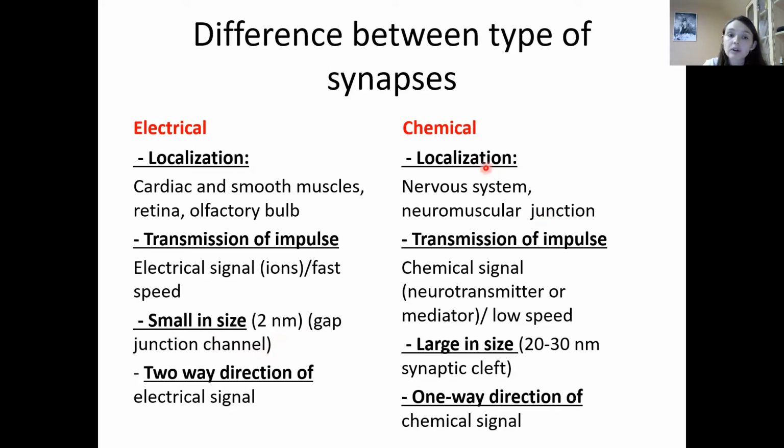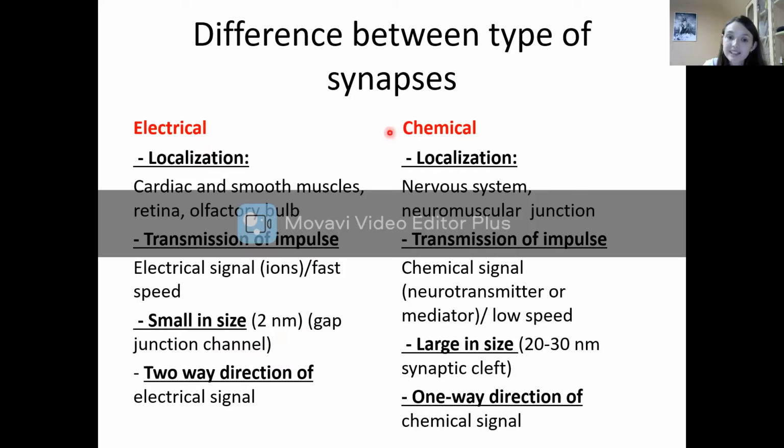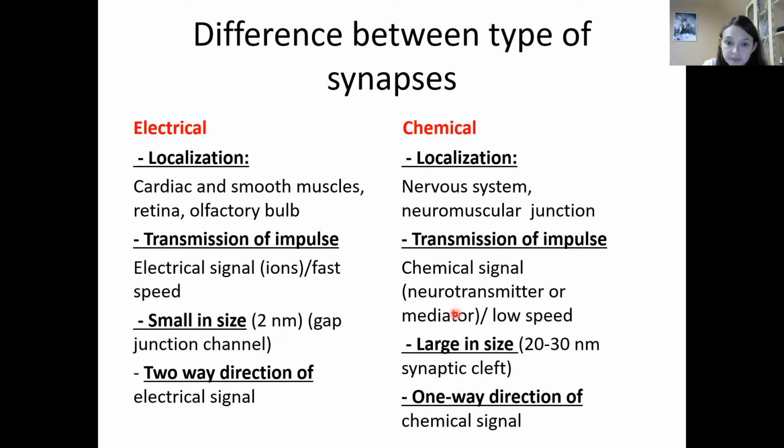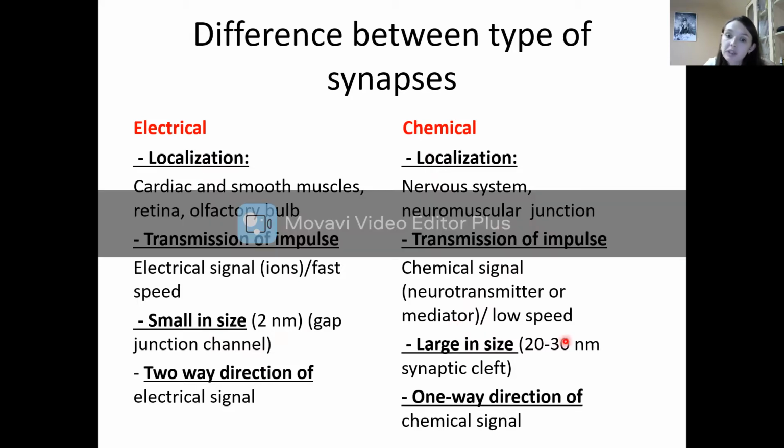In comparison to electrical synapses, in chemical synapses the impulses will be transmitted by a chemical signal, which is the neurotransmitter, or another name, mediator. Due to this, this kind of transmission will be slower, so the speed will be very low. Why is it happening?